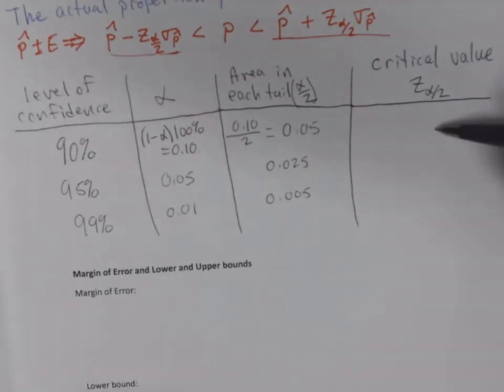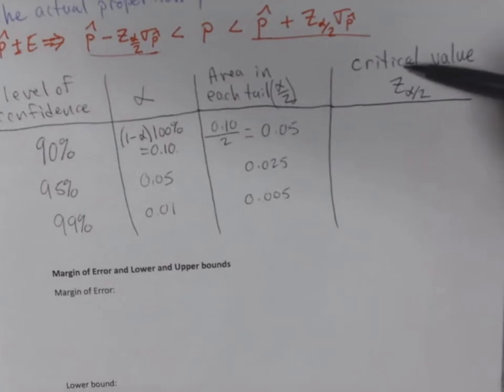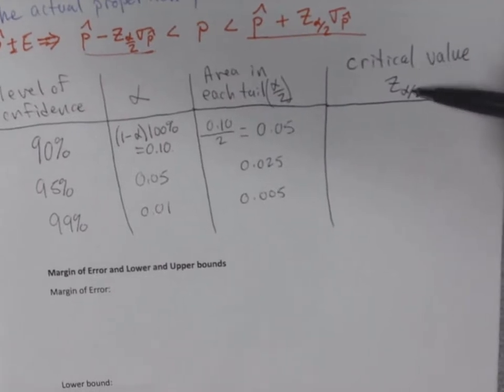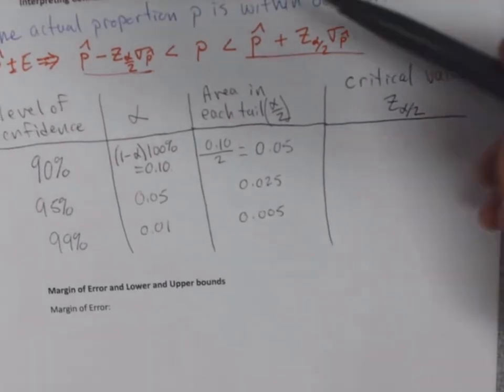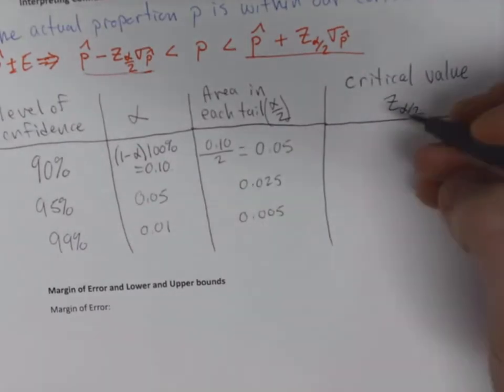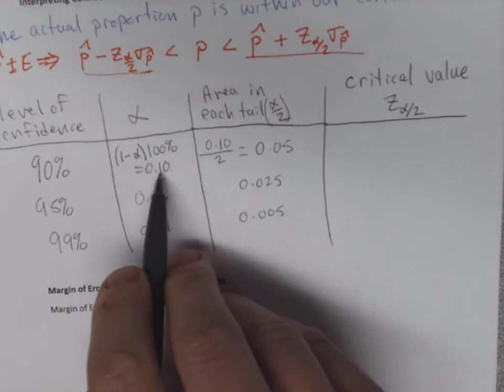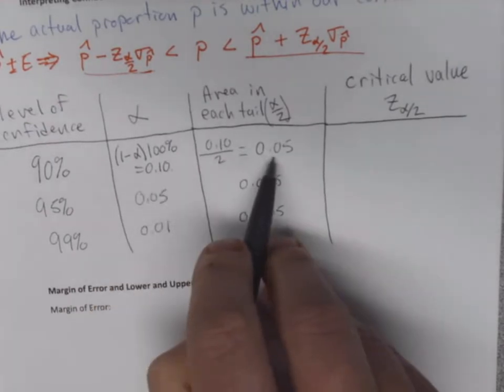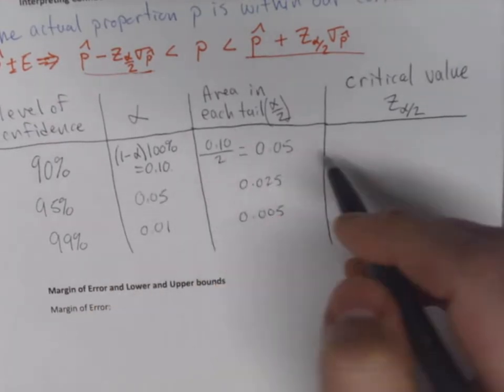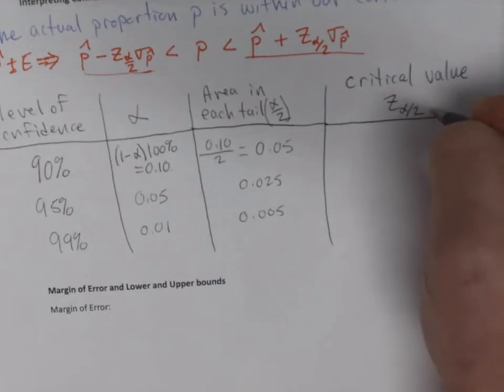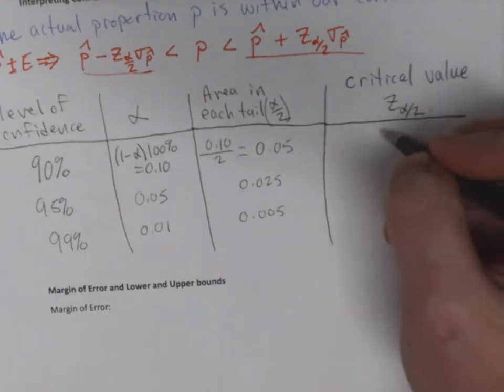Now the critical part, or the important part, the critical value. This is the value that you will plug into this formula up here. All right, and so here at a confidence level of 90%, meaning alpha is 0.10 and alpha over 2 is 0.05, this is what we're concerned about, the critical value Z alpha over 2. Z alpha over 2 is 1.645.